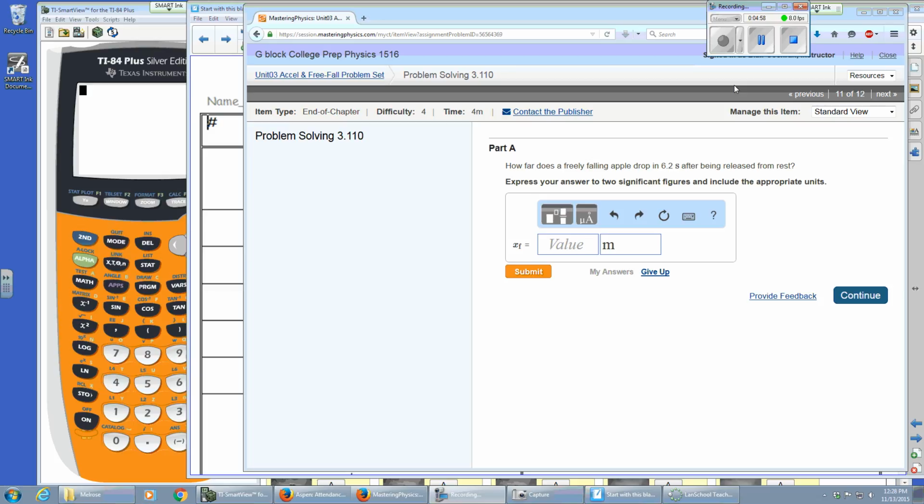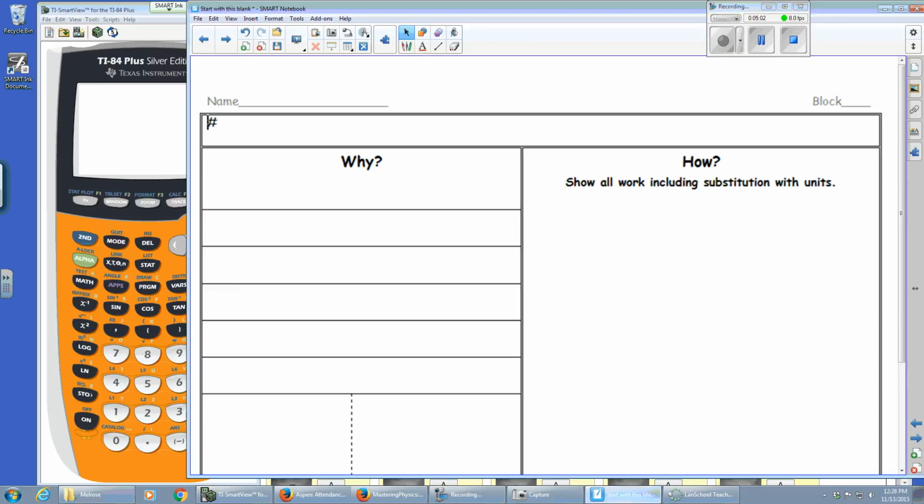What does it tell us when it says that it's released from rest? Starting velocity is 0, and because it's freely falling, we know that it's accelerating at what rate? 9.8. Close to 10. We're going to use 9.8 meters per second squared. So they tell us it starts from rest.